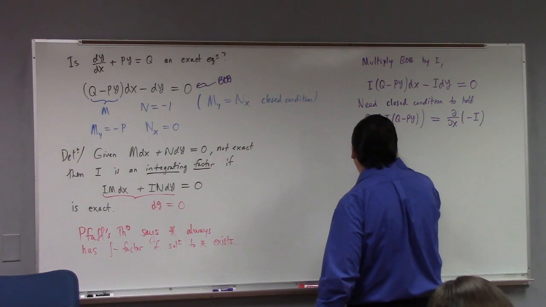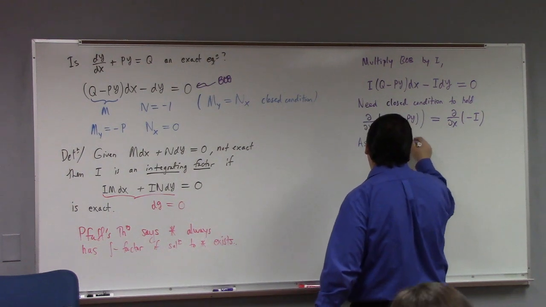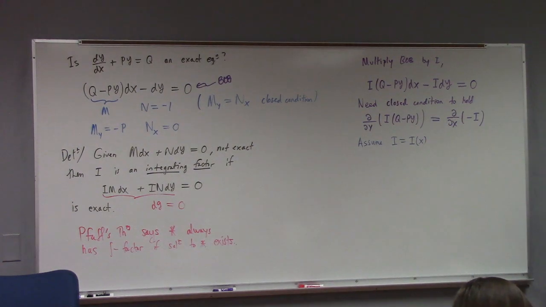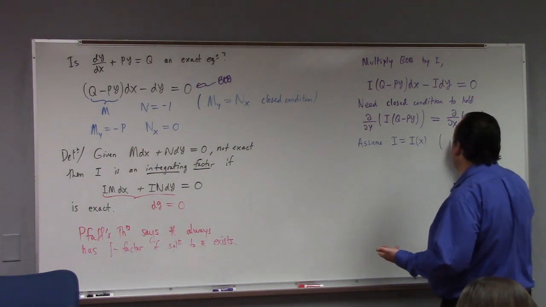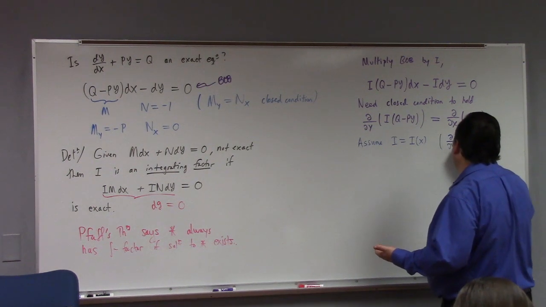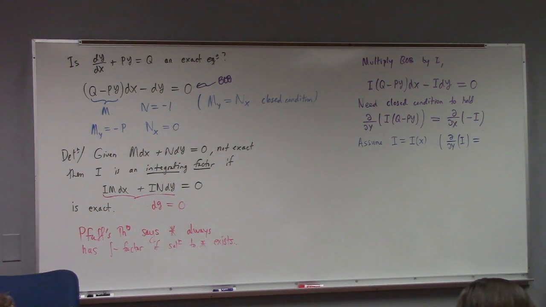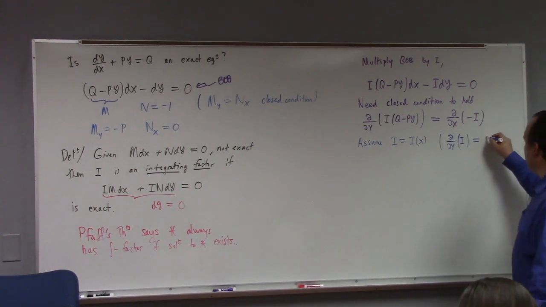So what happens then? And here's my, don't tell the math majors, notation for that, I equals I of x. Another way to say that is partial y of I equals what? If I is just a function of x, then 0, right?